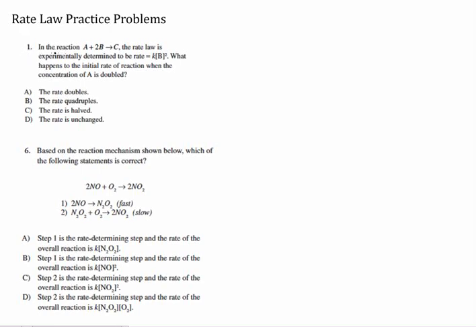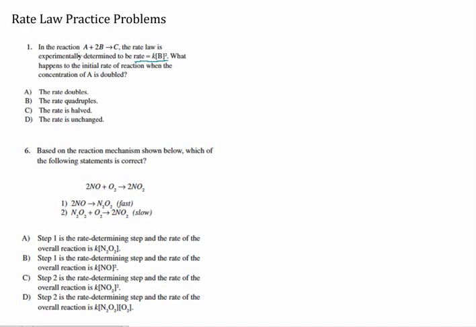Number one reads, in the reaction A plus 2B gives us C, they tell you that the rate law has been experimentally determined to be rate equals K B to the second power. Now remember again that you can't just willy-nilly go saying that the rate law is any one thing, right?